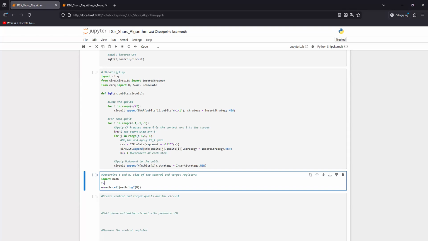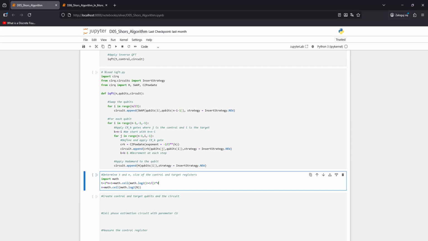And t should be equal to 2 times n plus 1 plus a, and then we need to rewrite the formula below with some changes. So 2 plus 1 over 5.